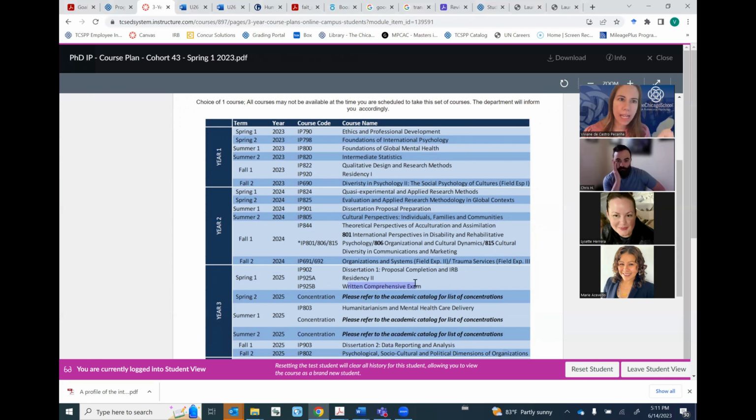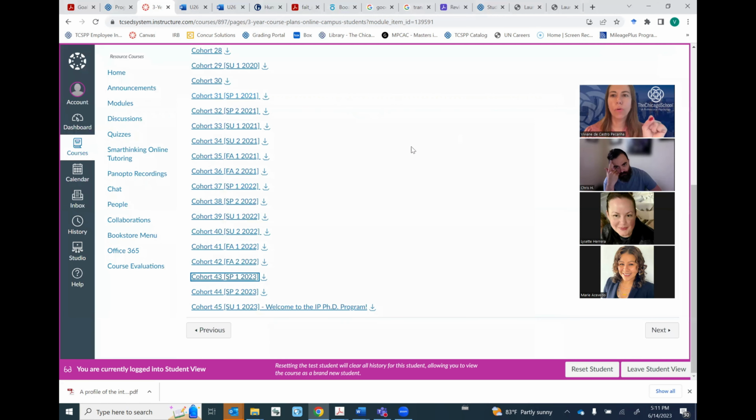So the cohort that started in Spring 1, 2023, which is cohort 43, is anticipated to take the comprehensive exam in Spring 1, 2025.